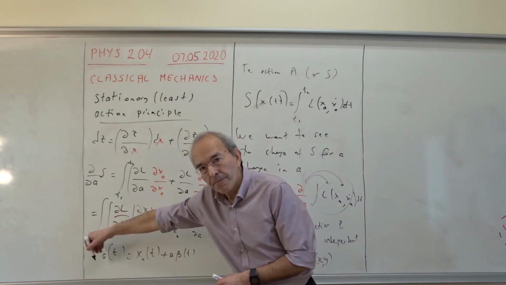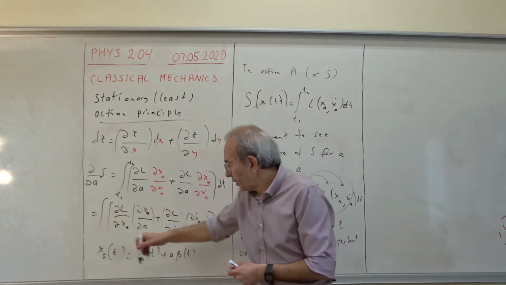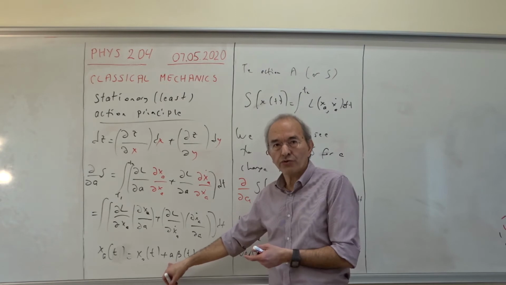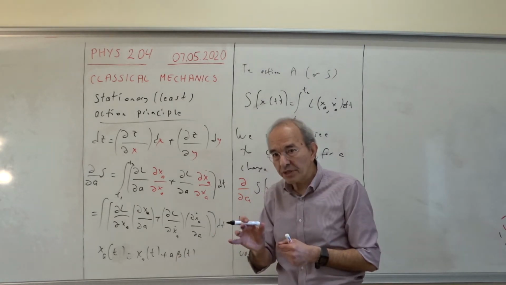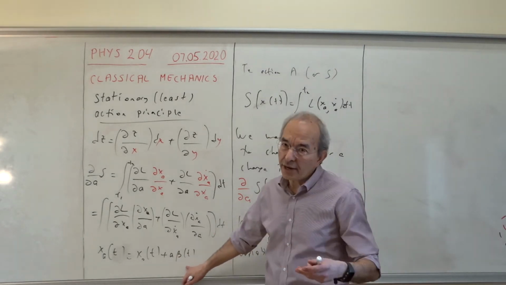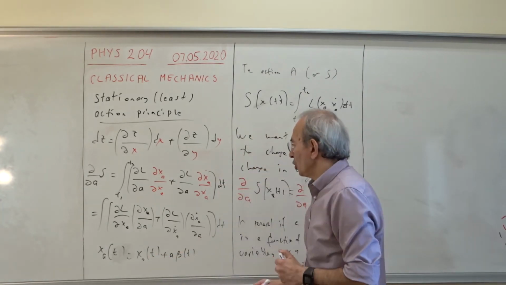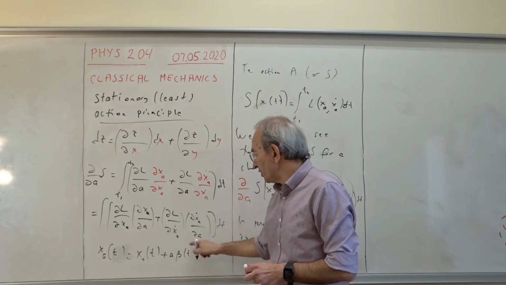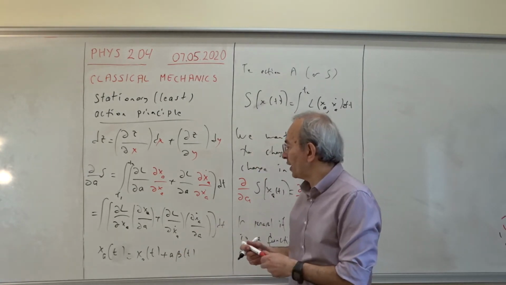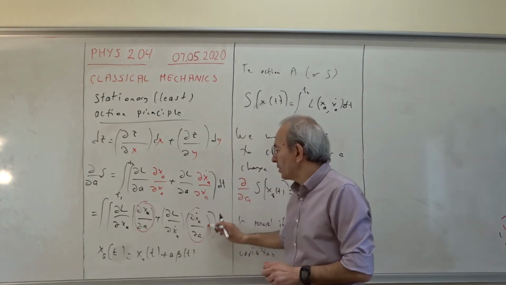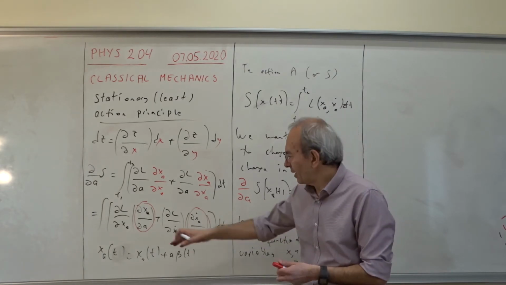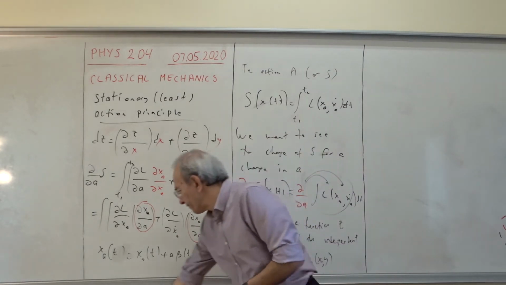So xa, the new form, is a function of a, of course, because it's a number that we can play with. Beta of t is an arbitrary function, and x0 corresponds to the optimum case. So, if you use this last expression to find these partial derivatives, you can easily get beta and beta dot, as you will see.